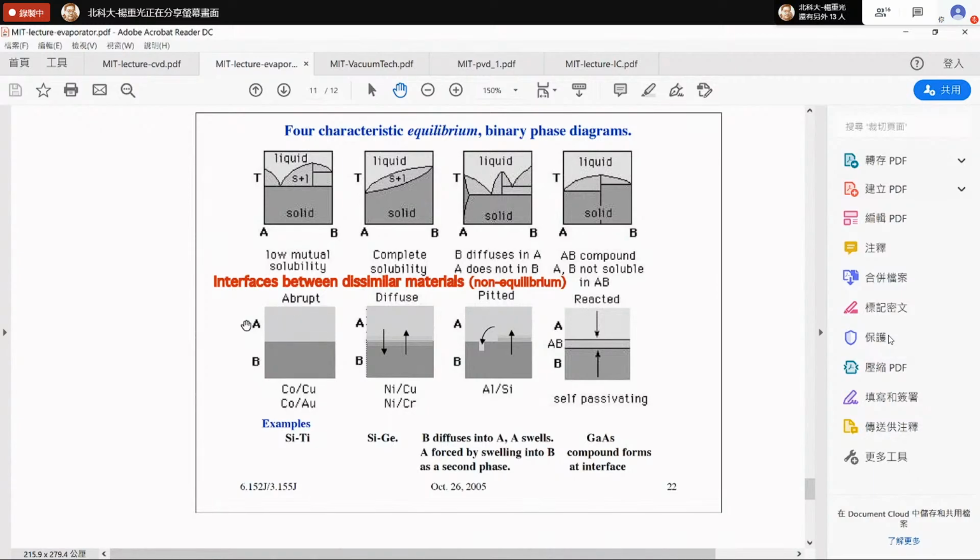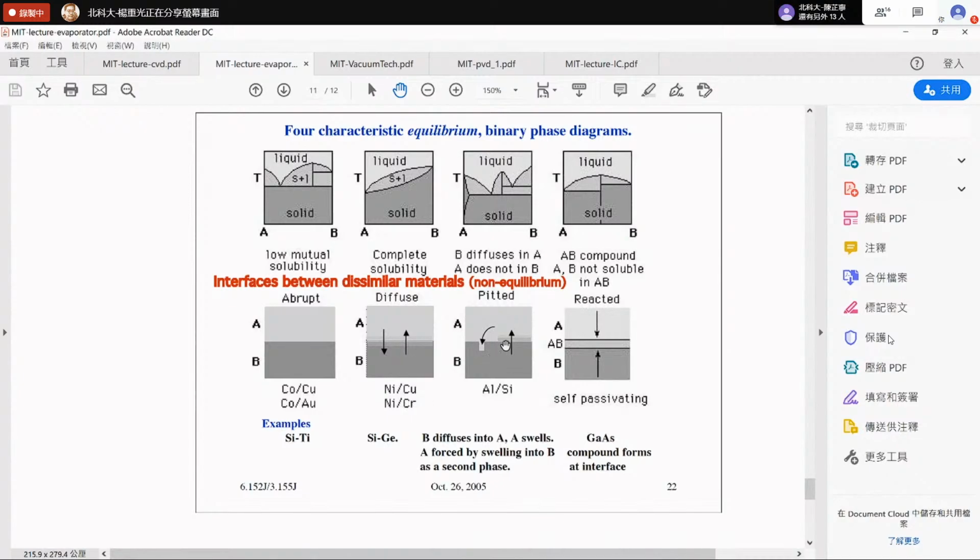Suddenly you have A and B together, like you put a metal, cobalt copper or cobalt gold. This is another, where you see the diffusion, like nickel copper, nickel chromium.